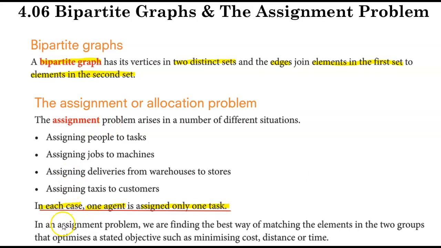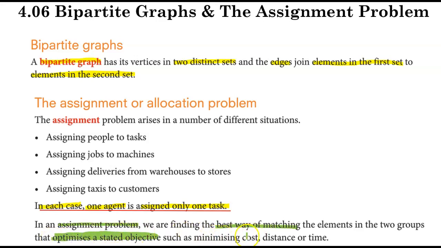So now for the assignment problem, where you have one task or one agent having only one task to be assigned, you have to find the best combination, the best way of matching. So the best way of matching, you have to optimize the stated objective. And the stated objective here actually depends on the question.